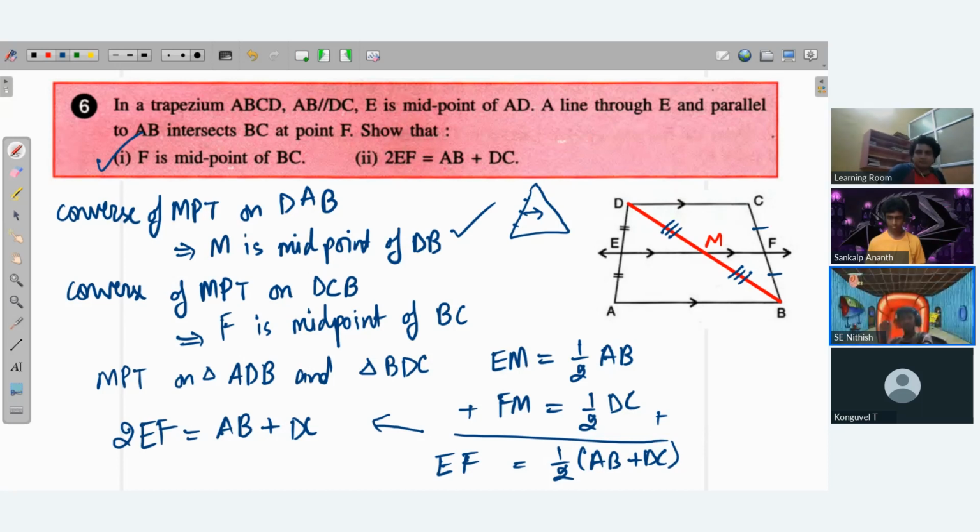The line segment EF here, starting from the midpoint E, its length is half of the sum of the lengths of the two parallel sides of the trapezium. Only in trapeziums. Okay, fine.